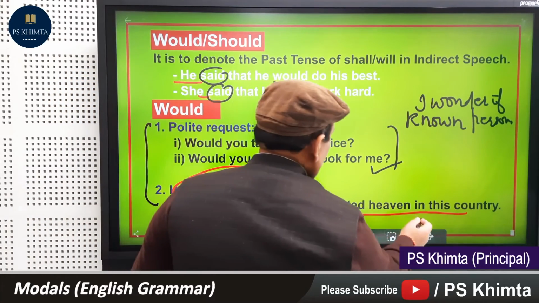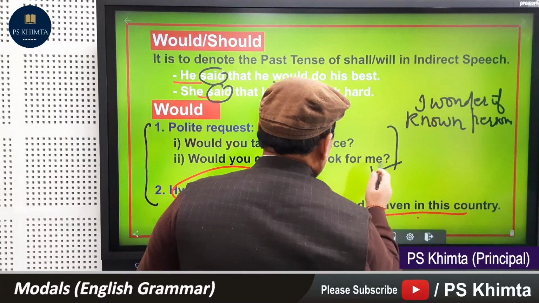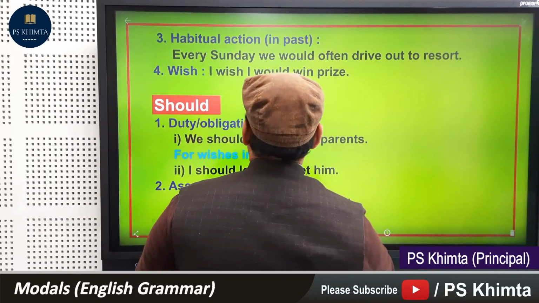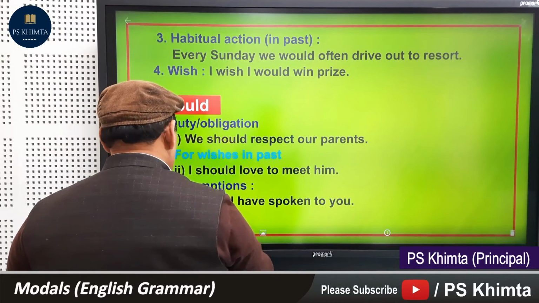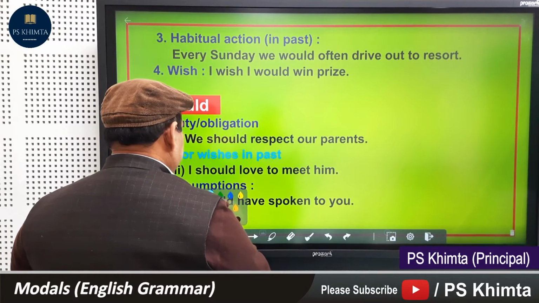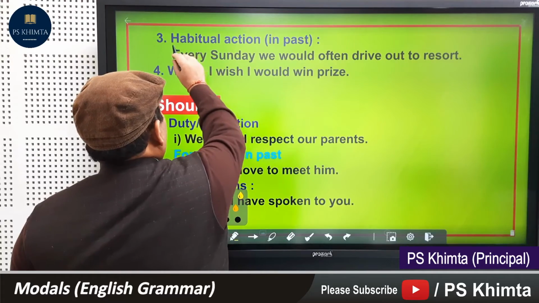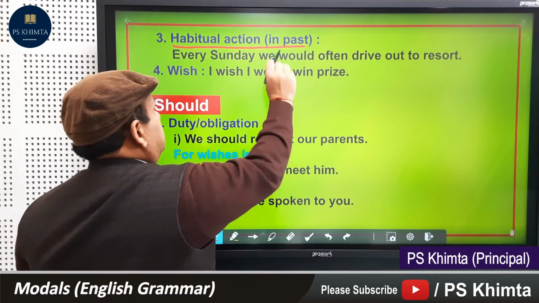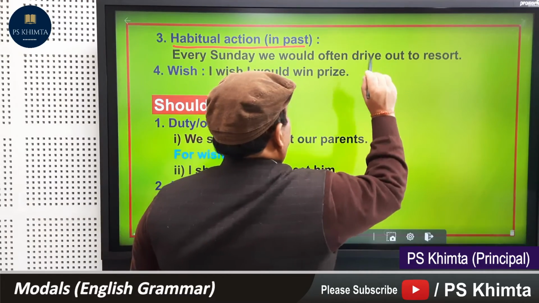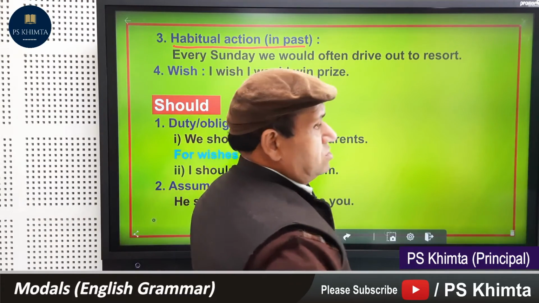Okay. We'll move to the second part of this slide and see that we have habitual action. That's again wonderful to know, that this is habitual action in the past. Every Sunday we would often drive out to a resort.